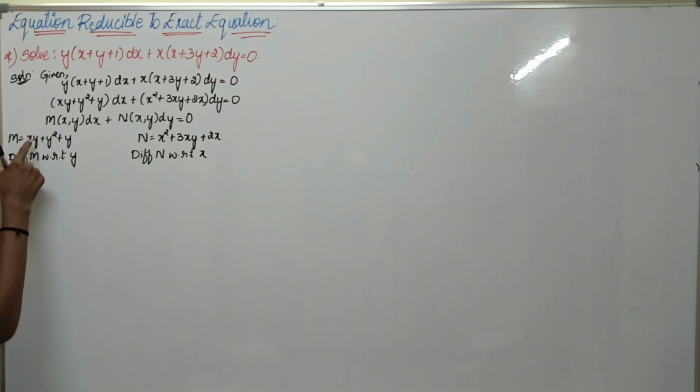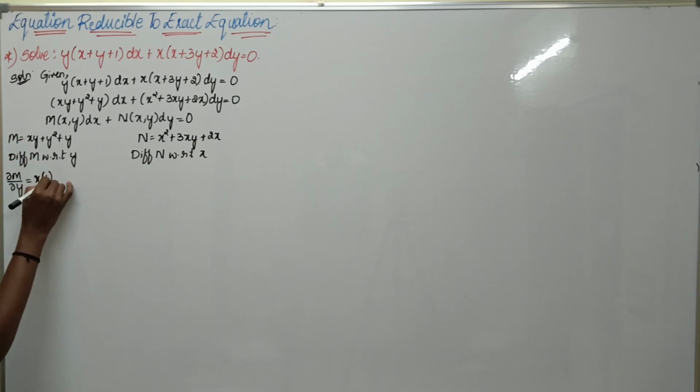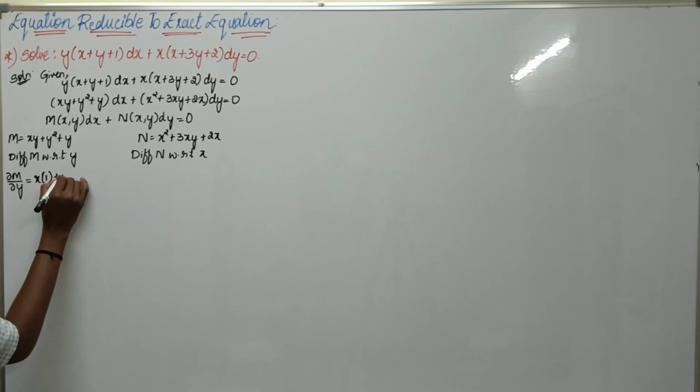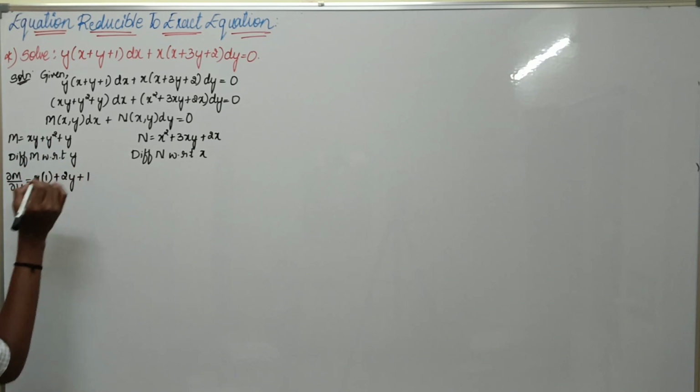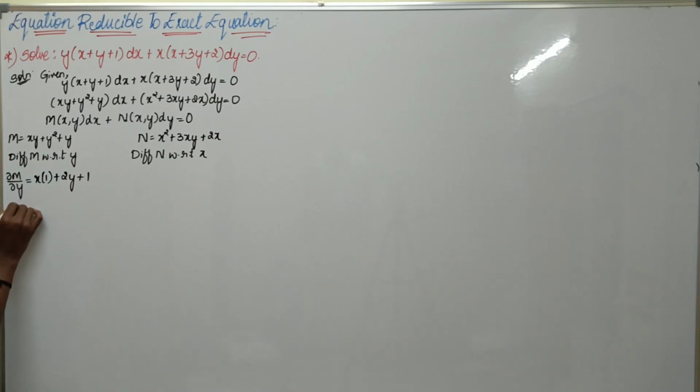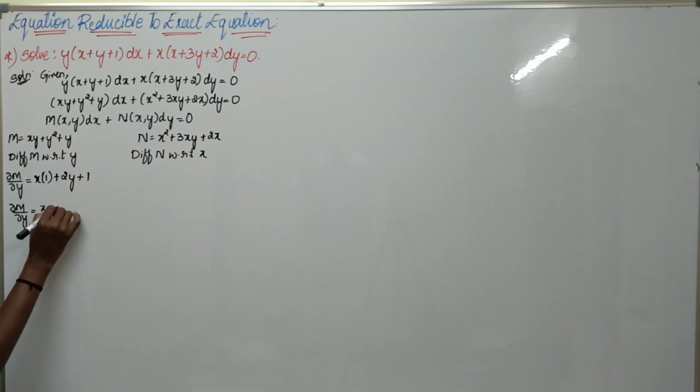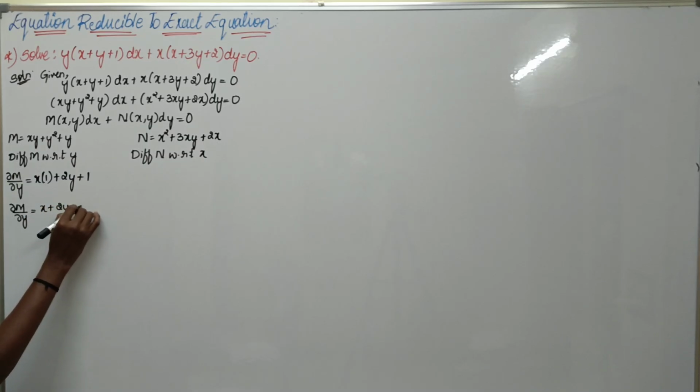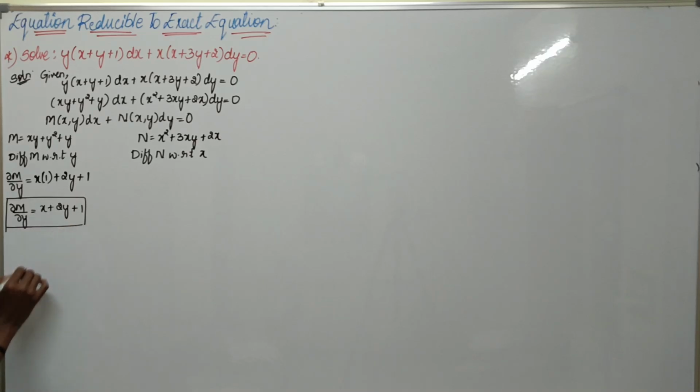In the first term, we have x and y. Since I have y, I can differentiate. x remains constant. Differentiation of y with respect to y is 1. Plus, differentiation of y square is 2y, plus differentiation of y is 1. So dou M by dou y is equal to x plus 2y plus 1. This is our dou M by dou y.